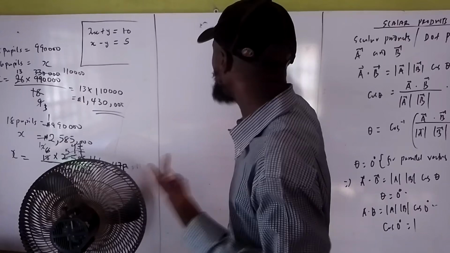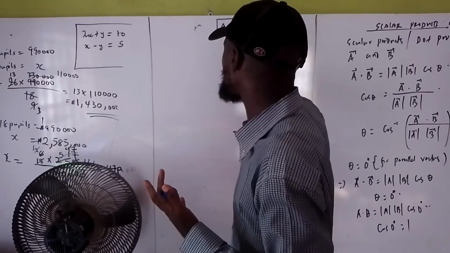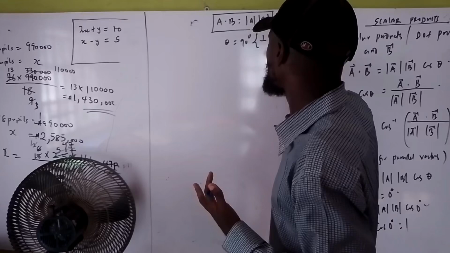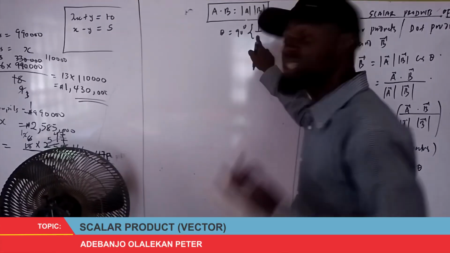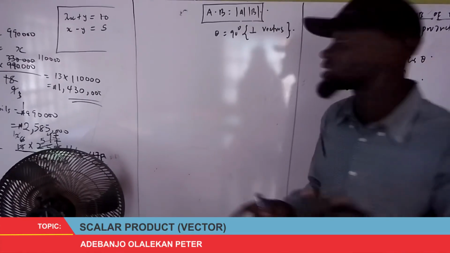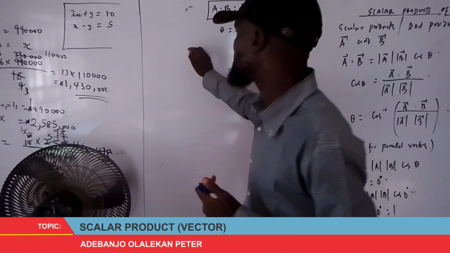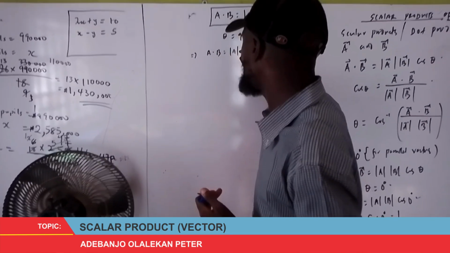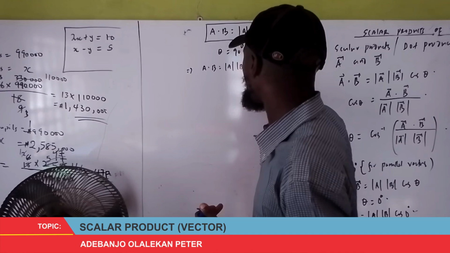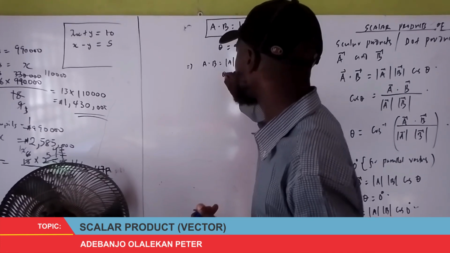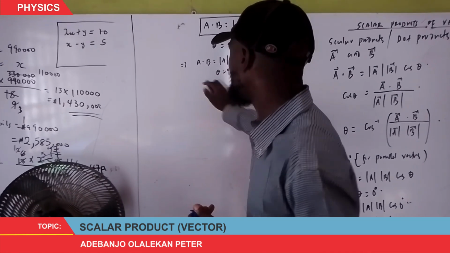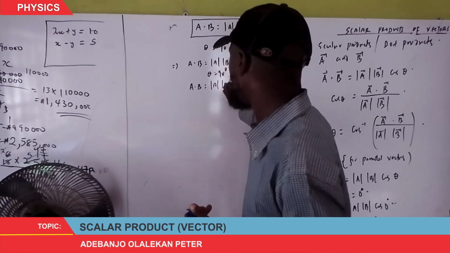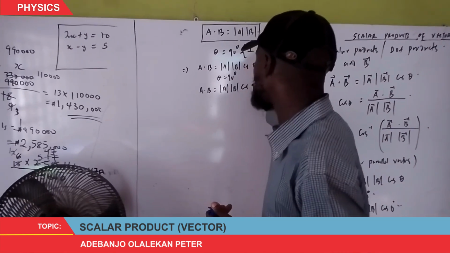However, if two vectors are perpendicular, if theta equals 90 degree, you have perpendicular vectors. This symbol is the symbol for perpendicularity. So if theta is 90, it implies that A dot B equals magnitude of A, magnitude of B, cos 90 degree.